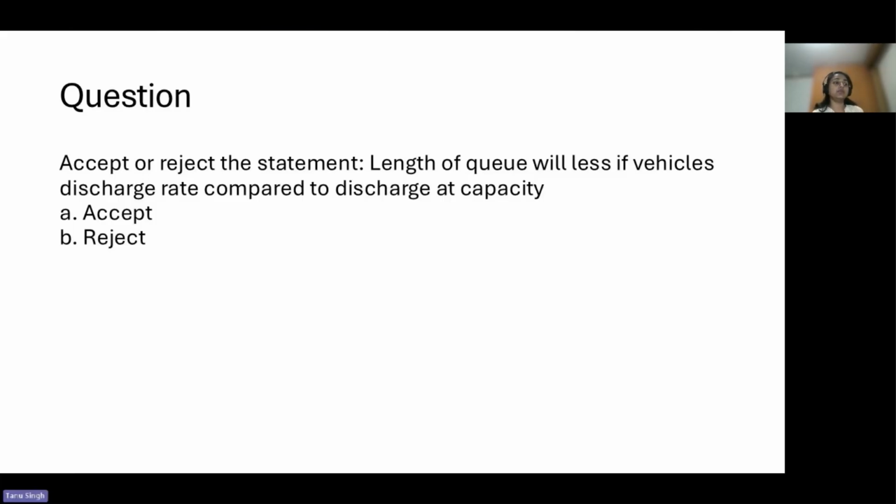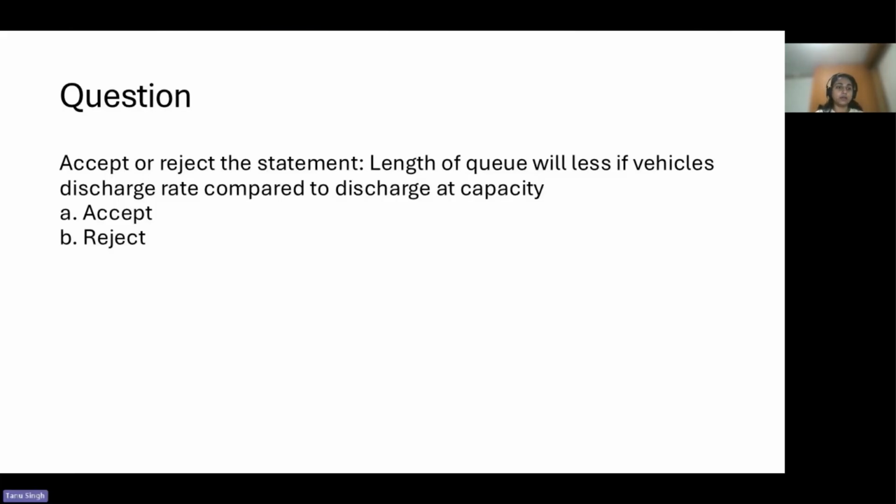First is discharge rate at capacity and discharge rate below capacity. Discharge rate at capacity is the maximum possible flow, and discharge rate below capacity is slower than the capacity. So if the discharge is less than the capacity, the queue grows faster when the demand is high, because vehicles leave more slowly than they could at capacity.